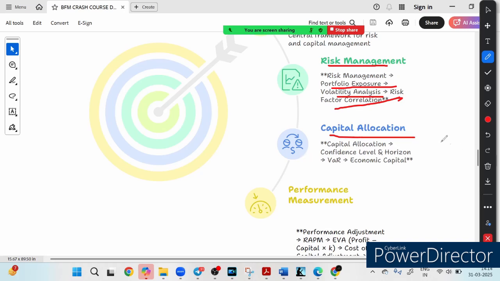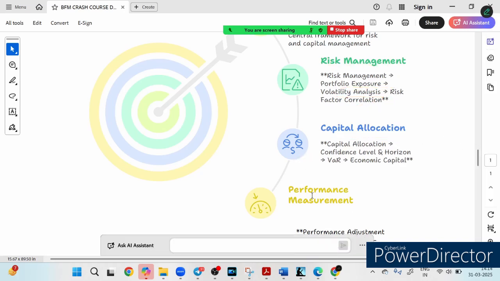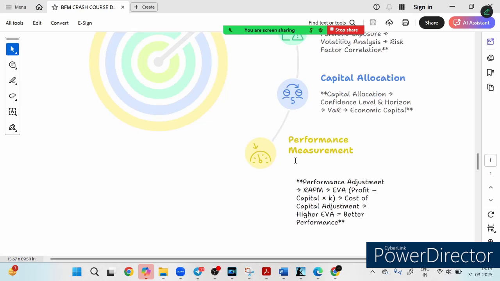And the last but not the least is performance measurement. I told you earlier that we first calculate the risk capital, and based on the risk capital we calculate the performance measurement. Profit is important, but is it worth the risk taken? Using RAPM, risk adjusted performance measure, and EVA, economic value added, RAROC helps assess whether a business is truly creating value.